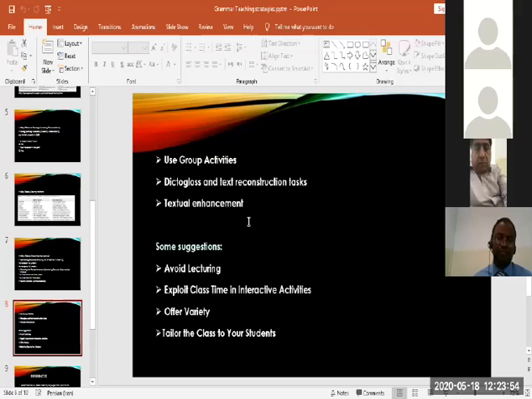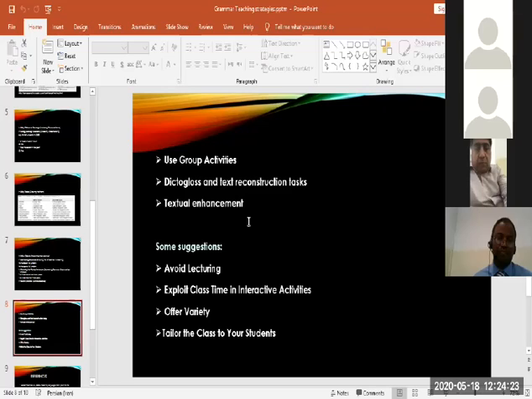These activities are specifically good and useful for shy students because, you know, most of the time in our classes, we have some students who are shy and reluctant, unwilling to participate in individual activities. So let's involve them in group tasks or pair tasks. That helps them a lot.